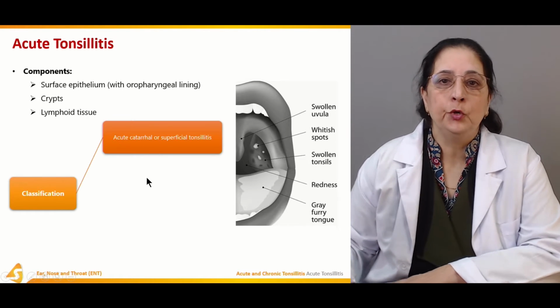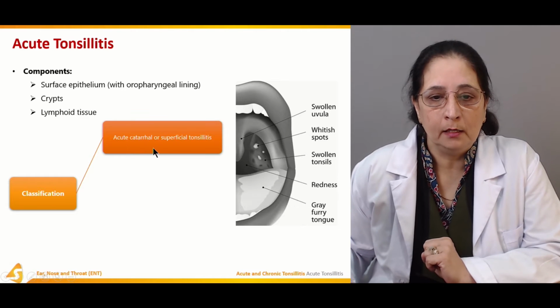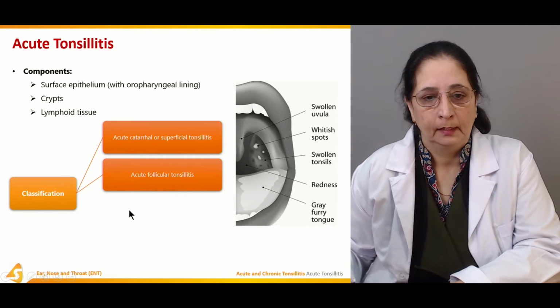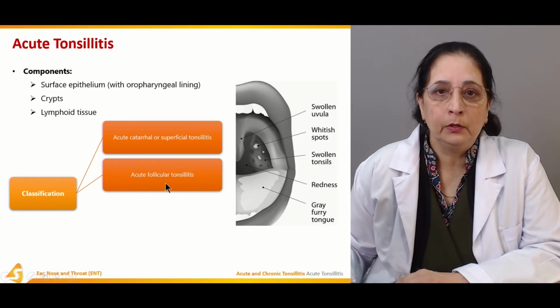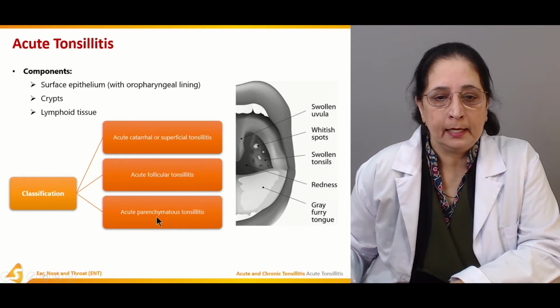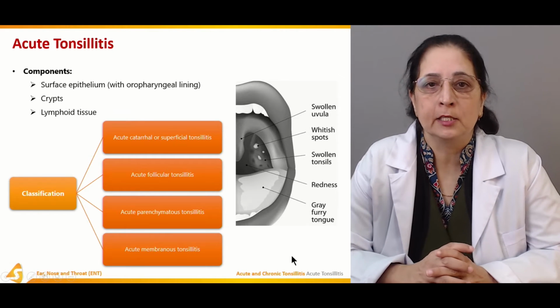Classification of acute tonsillitis: we have acute catarrhal or superficial tonsillitis, acute follicular tonsillitis, acute parenchymatous tonsillitis, and also acute membranous tonsillitis.